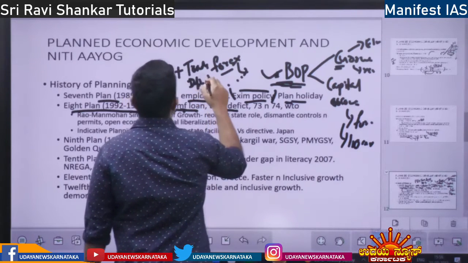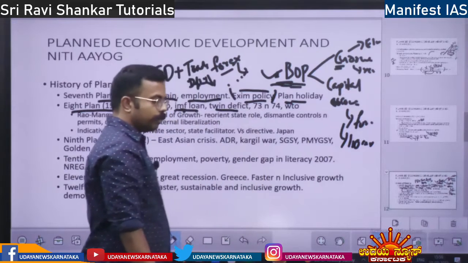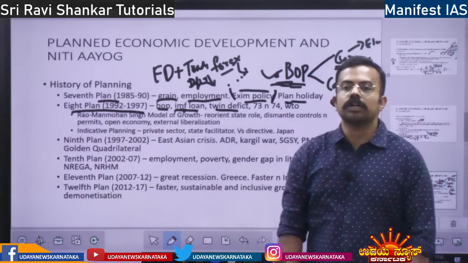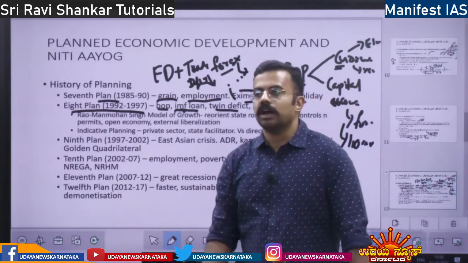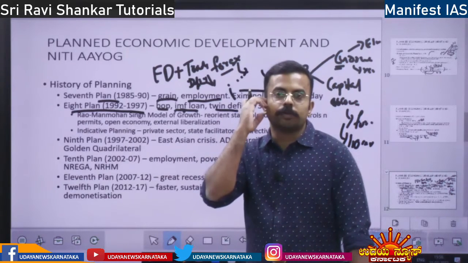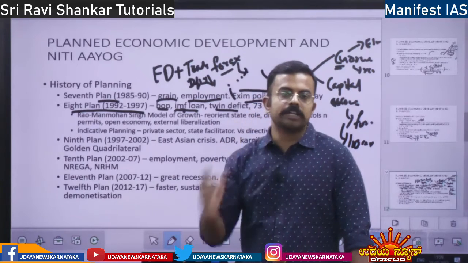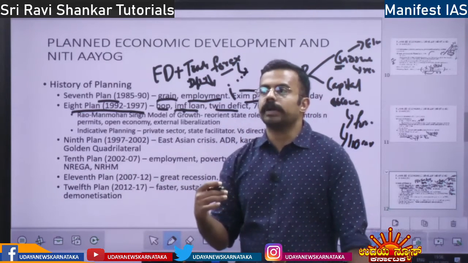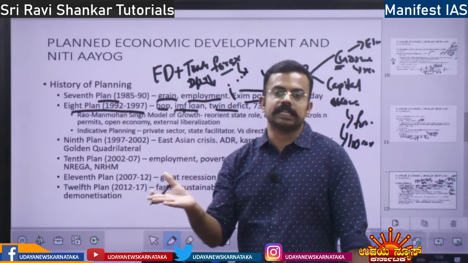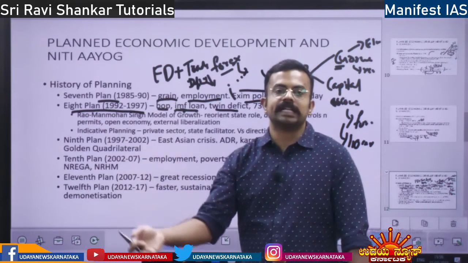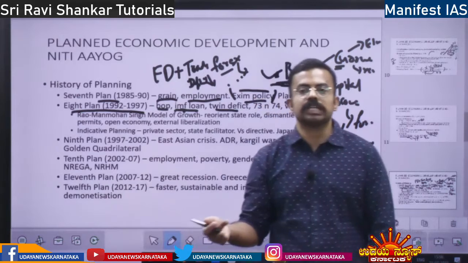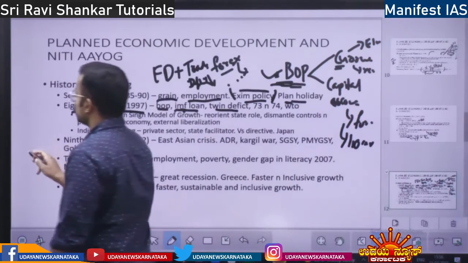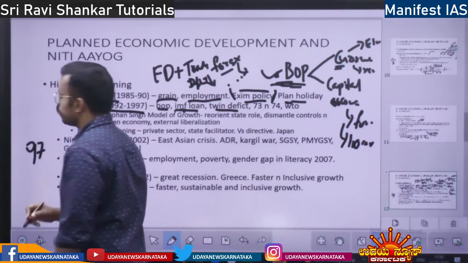What is fiscal deficit? Fiscal deficit means government deficit. See, the government spends 100 rupees initially, but by taxation or various resources, the government gets just 97 rupees.